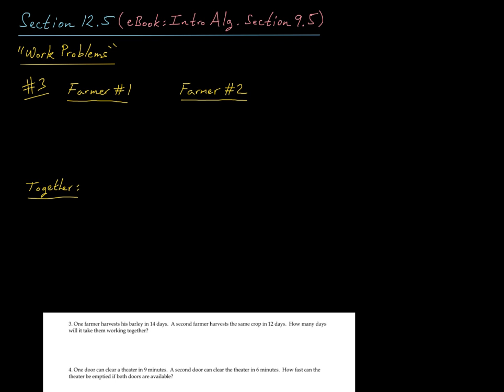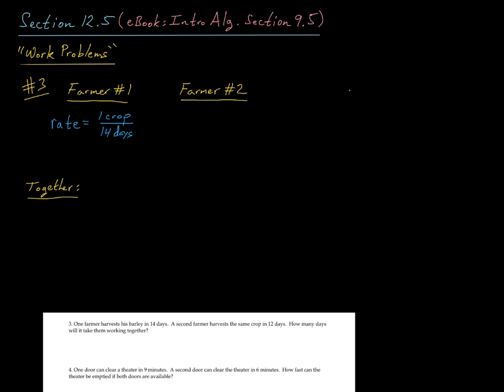And the key to one of these work problems is to look at the rates, in this case, of our farmers. So the rate of the first farmer would be one crop harvested per 14 days.